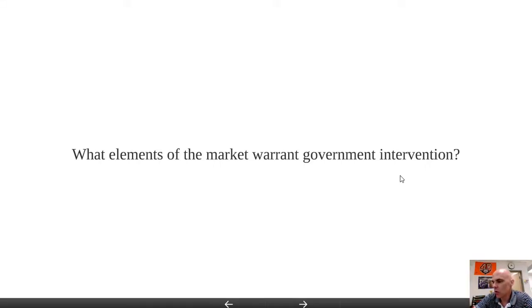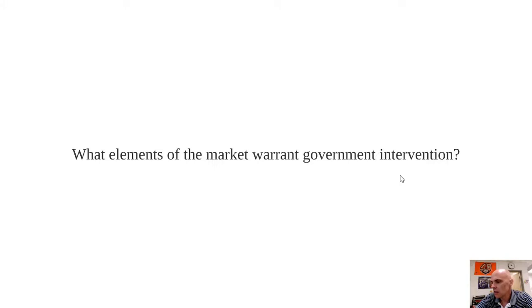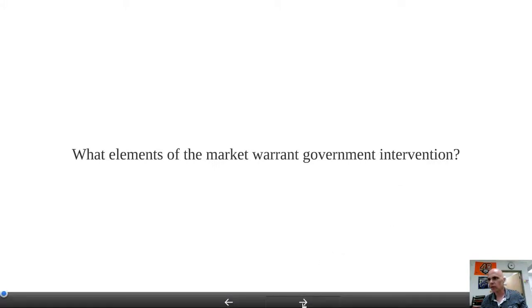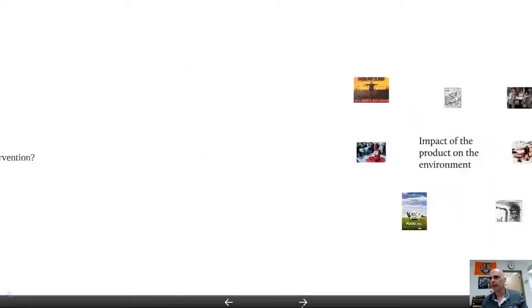If you're writing an economic essay in August or whenever you end up writing that diploma exam, you need to be able to distinguish what parts of the economy do warrant government intervention and what parts the government should keep a hands-off approach to. And that's what we're going to try to accomplish through this prezzy.